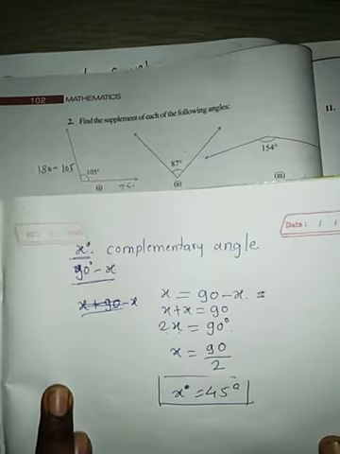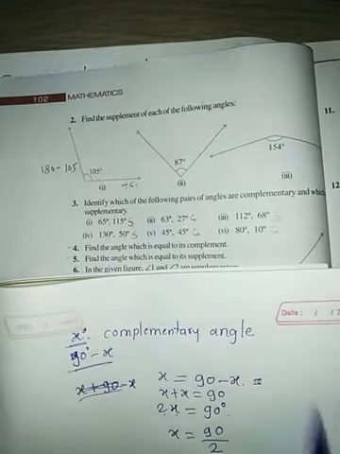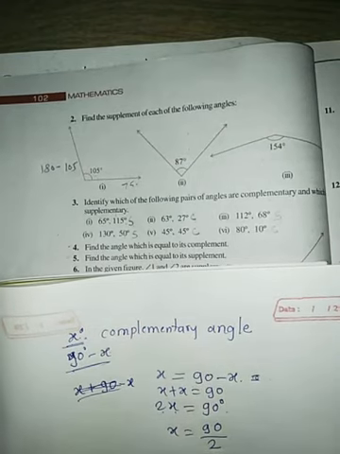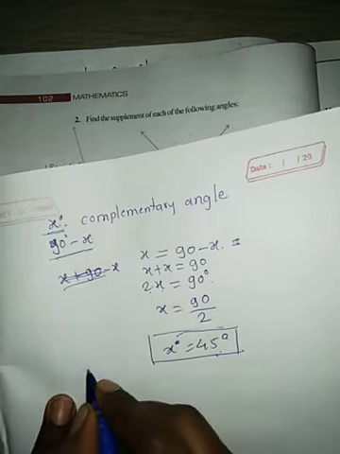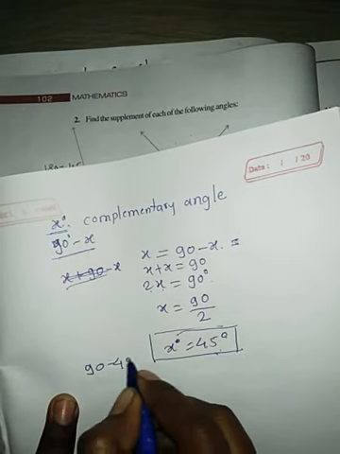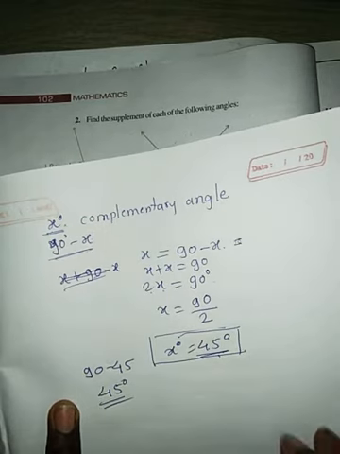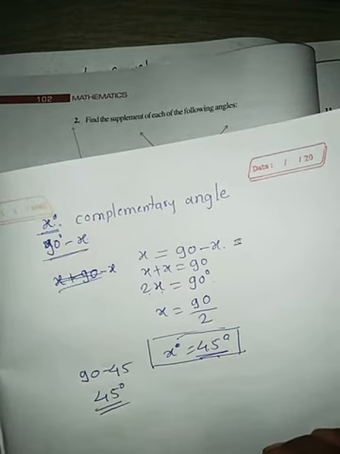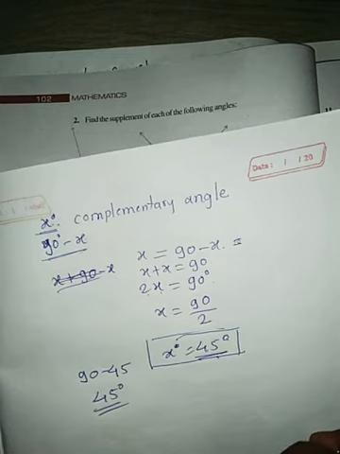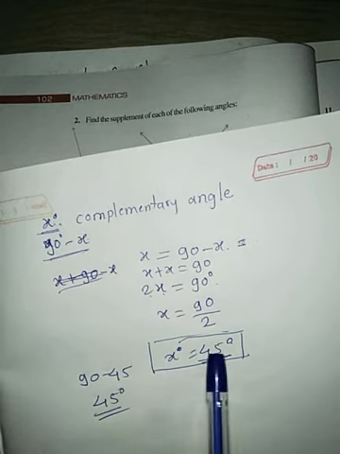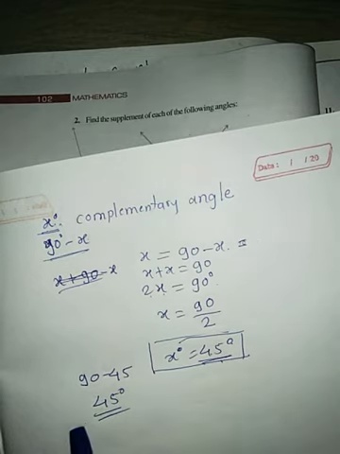That is the angle x which is equal to its complement. Again, the complement angle of 45 is 90 minus 45, and 90 minus 45 is 45. Now 45 is equal to 45. So x is the one angle which is 45 degrees and which is equal to its complement angle 45.